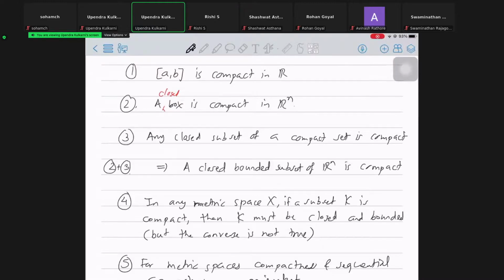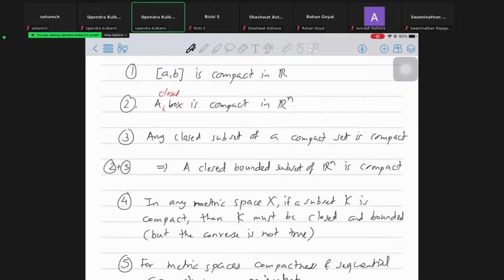In one direction, we first showed that the closed interval is sequentially compact. Then by taking products of such closed intervals, we saw that a box is sequentially compact in Rn. Then from that, we said that any closed and bounded subset of Rn is compact. I assigned this as a small exercise to you, which we will discuss in the middle of the class.